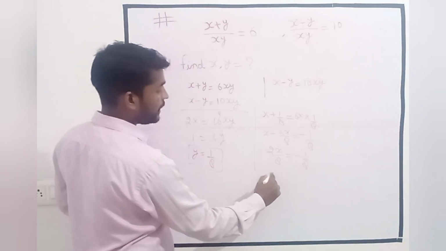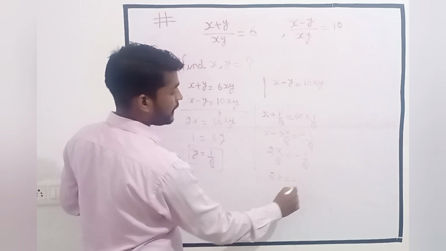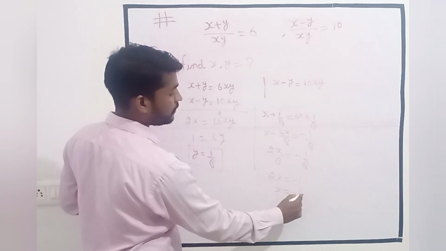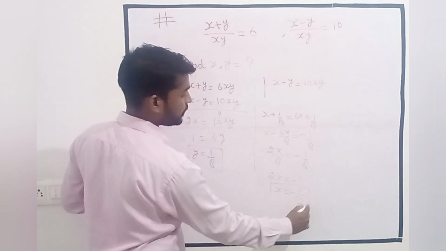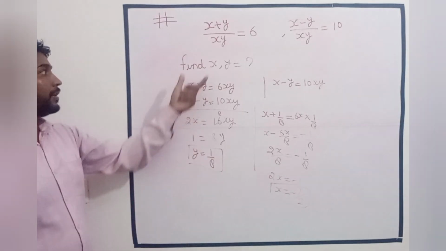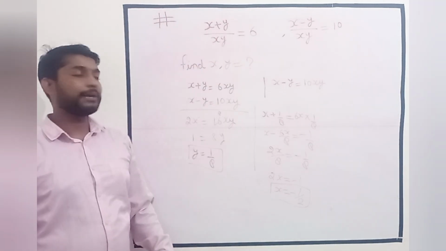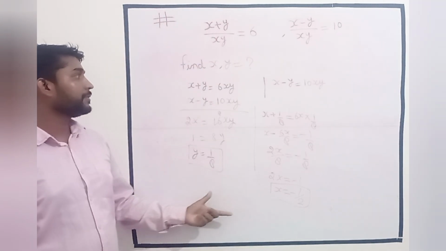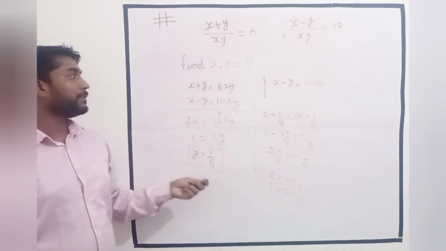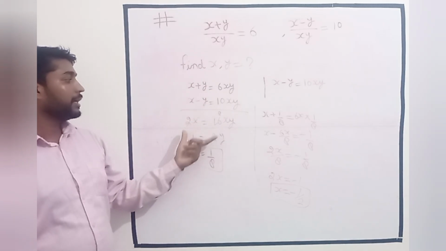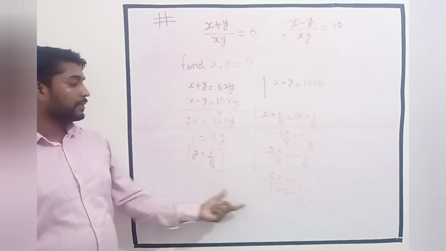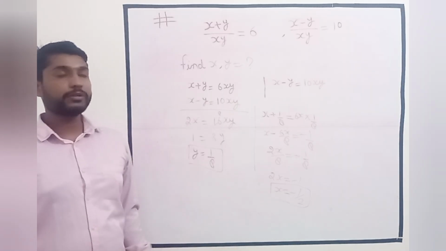Both denominators are the same, that means 2x equal to minus 1 and the value of x equal to minus 1 upon 2. And this equation we can solve, and another type of equation we can solve easily. First do the cross multiplication and then we will add these two equations and we have the value of x and the value of y, and this is the solution of this.